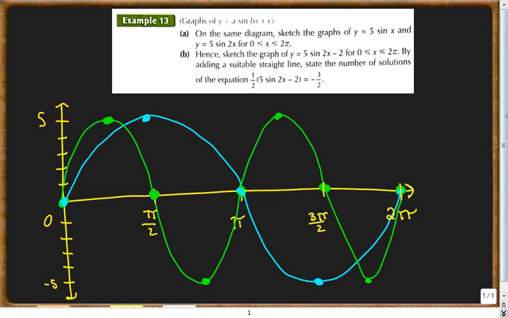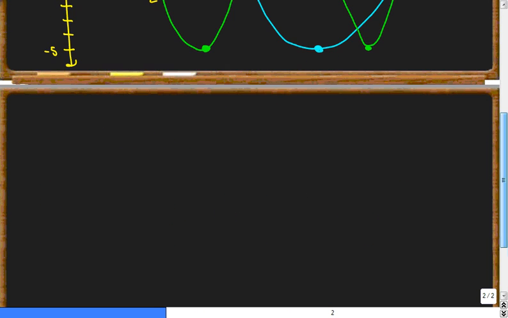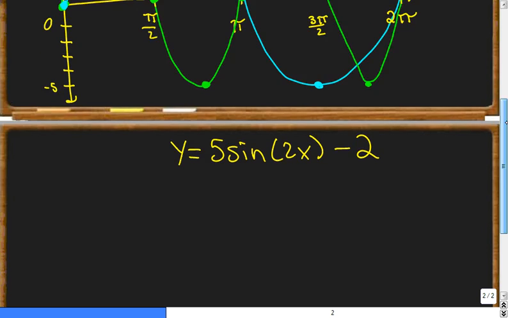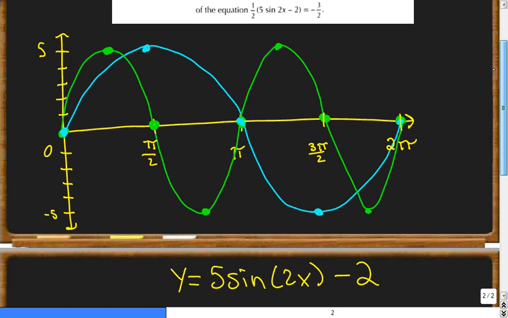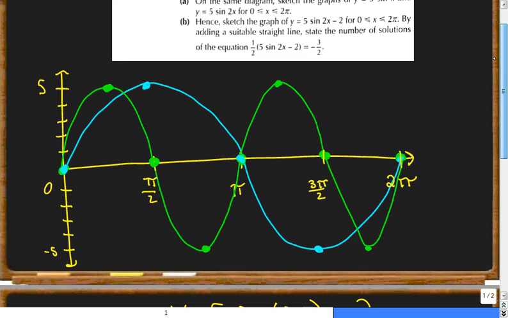All right, we are going to go to the next page and graph this. So it said y equals 5 sine of 2x minus 2. If we think about this graph, it's going to be the same as the green graph, but we're going to be dropping everything by 2 because that minus 2 is on the outside.